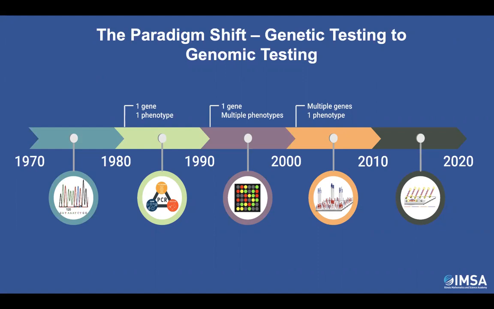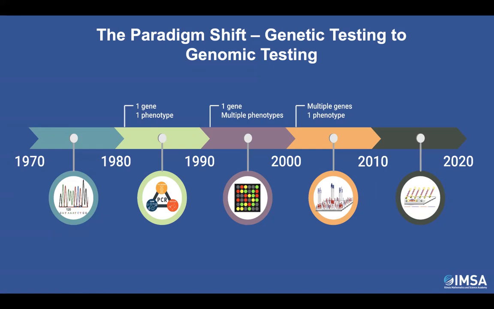So, with the completion of the draft sequence of the human genome in 2001 and emergence of transformative technologies in all areas of genomics, the first 2 decades of the 21st century have witnessed a dramatic transition from low resolution single locus genetic testing to high resolution genome wide testing in medical practice.